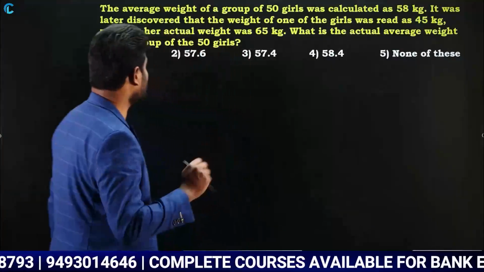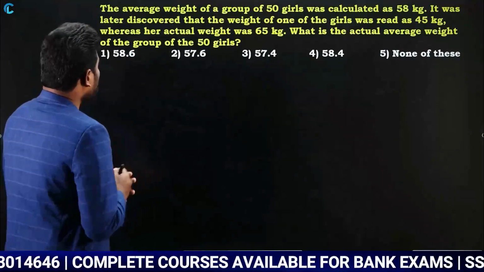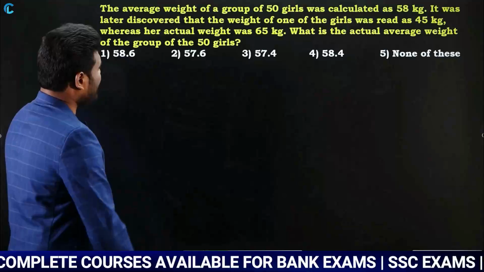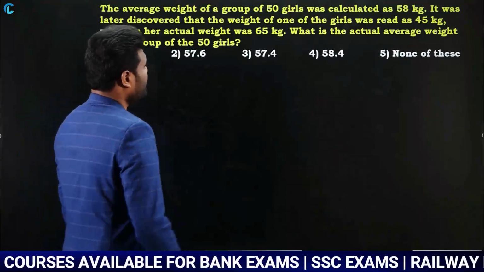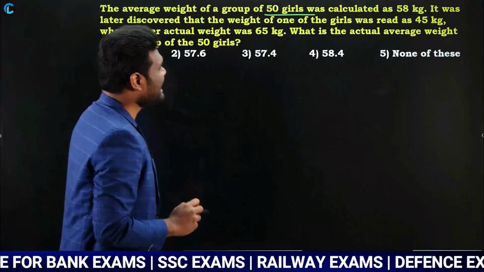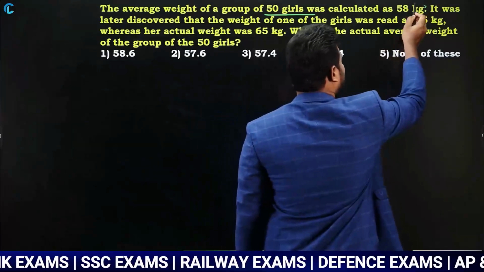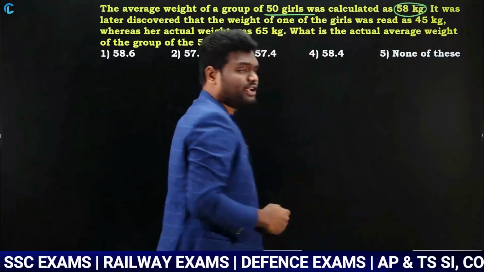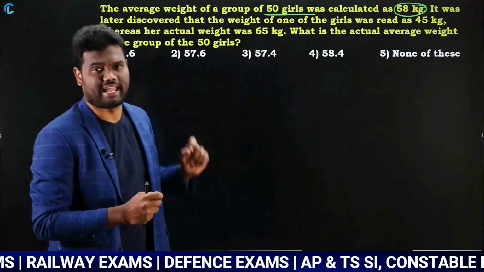Very simple questions, just observe here carefully. In this question, it is saying the average weight of a group of 50 girls was calculated as 58 kg. So the average weight of 50 girls is 58 kg.